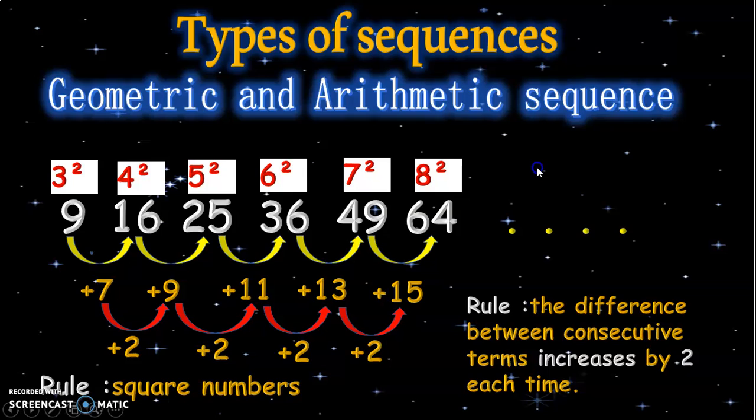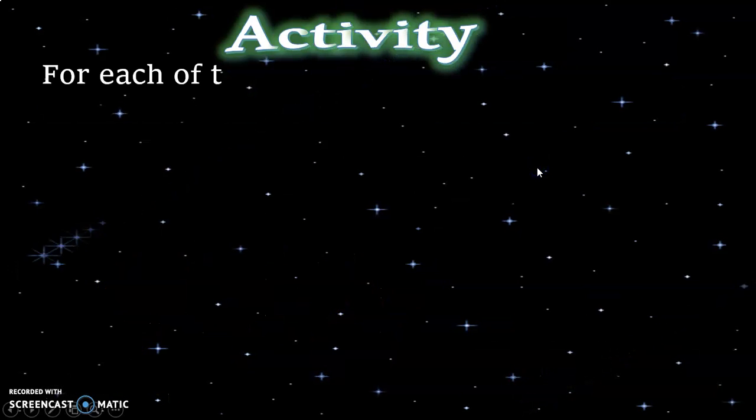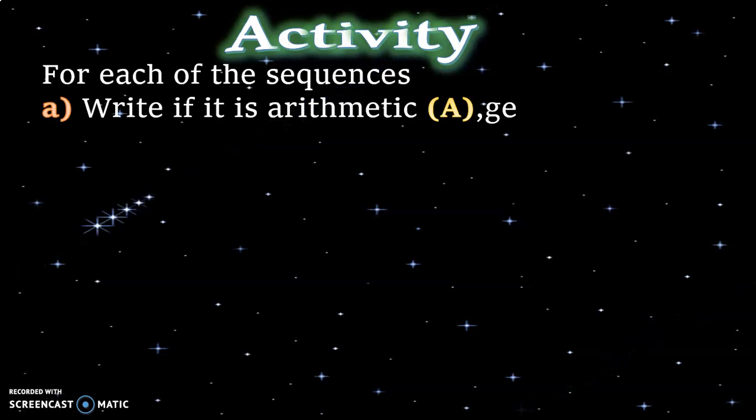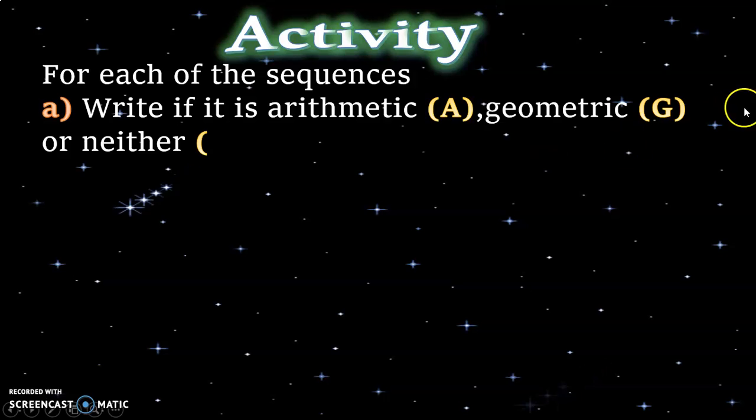Okay, let us have a short activity. For each of the following sequences, the first thing you need to do is write if it's arithmetic, just write letter A. Geometric, just write letter G. Neither, it means like the last example that I showed you, if the differences increase, they don't have common differences.